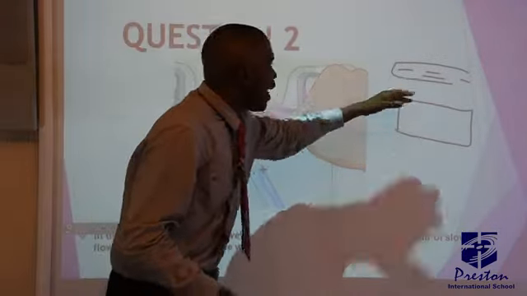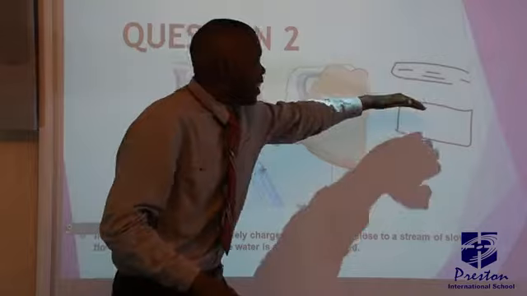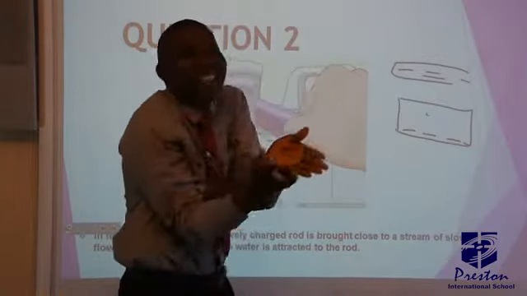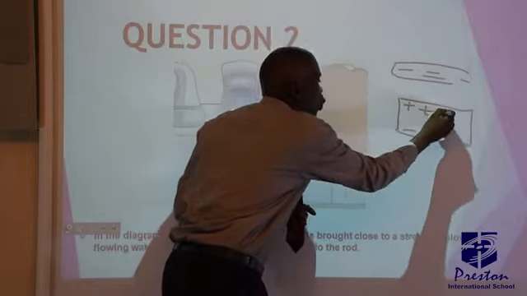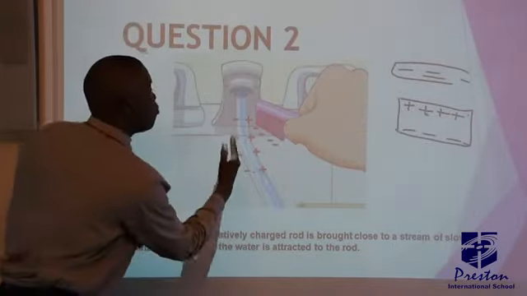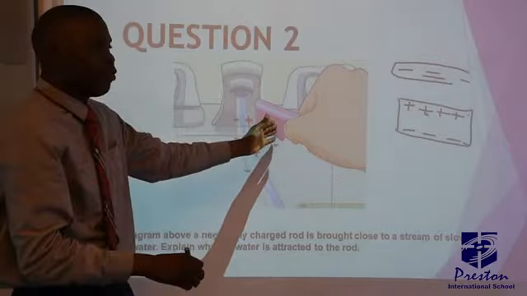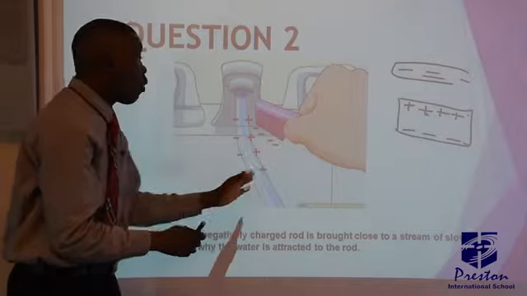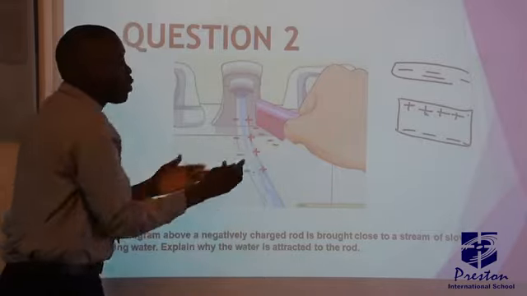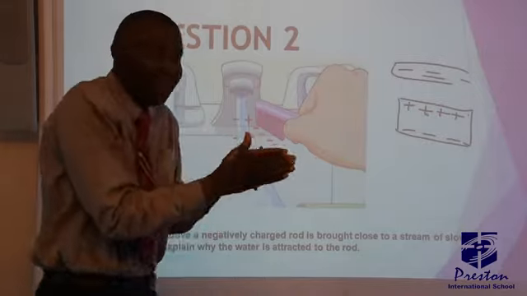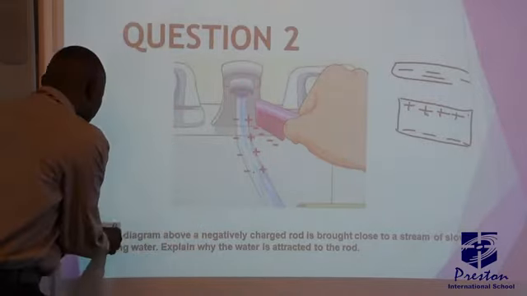This negative charge will repel all the negative charges in this body down to this extreme end and then attract the positive charges close to itself. That is what is happening here. The positive charges move towards the side of the negative charge, while the negative charges in the water are repelled backward. For that reason, negative and positive attract each other. That is why it's as if the water is attracted to the charged rod.